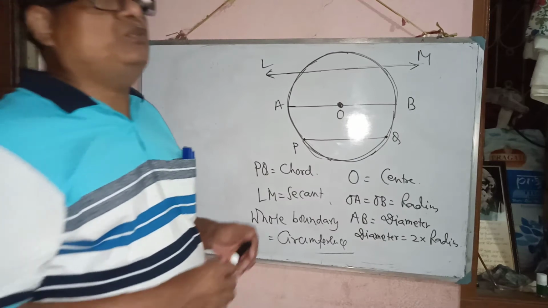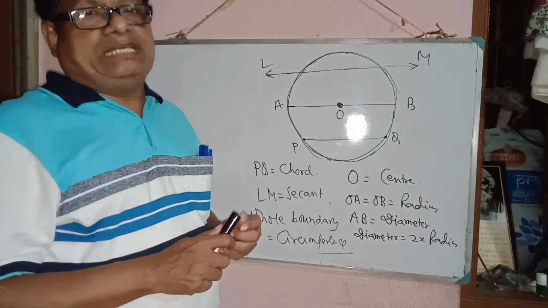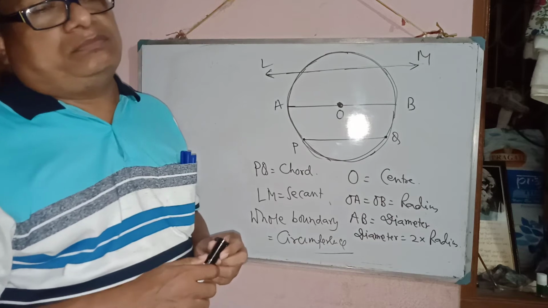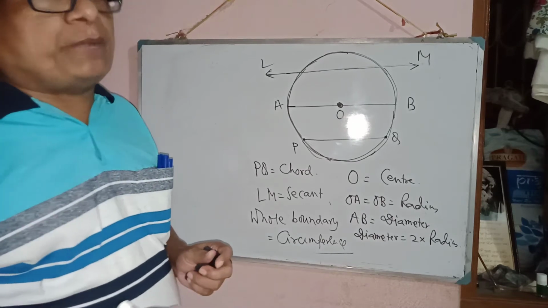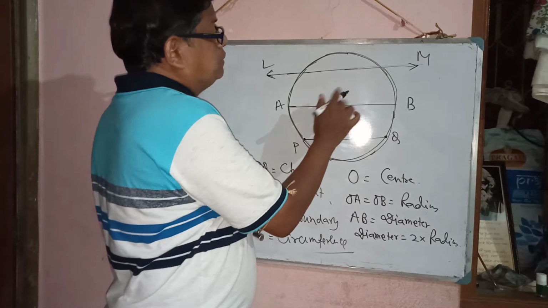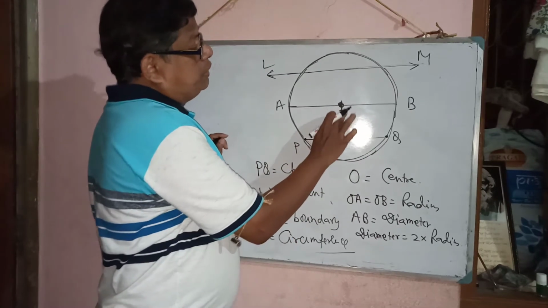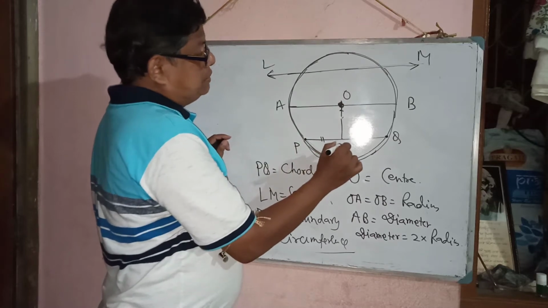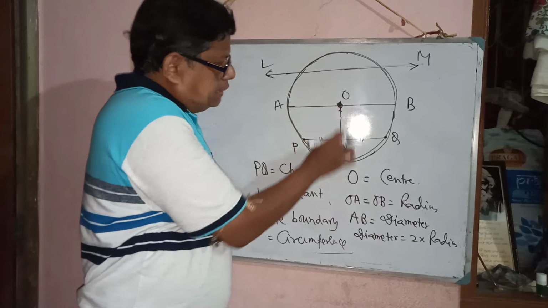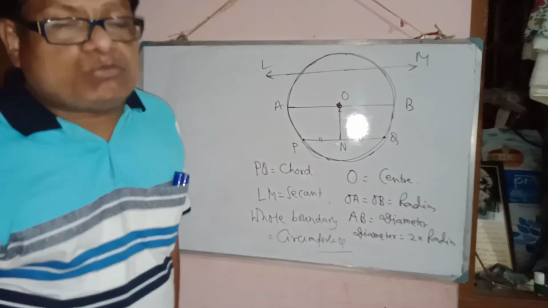Now I am telling you, keep in mind: a straight line which passes through the center and bisects the chord is always perpendicular to the chord.